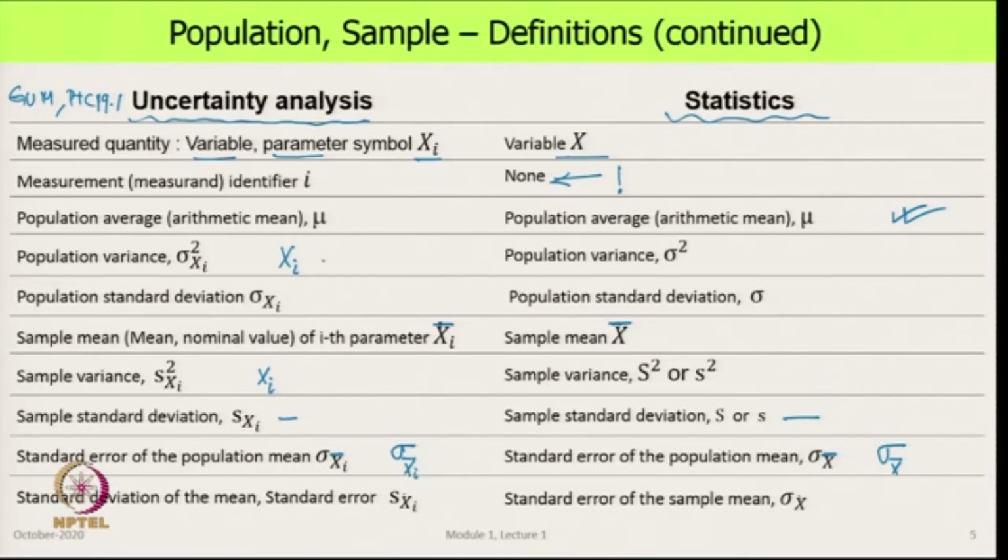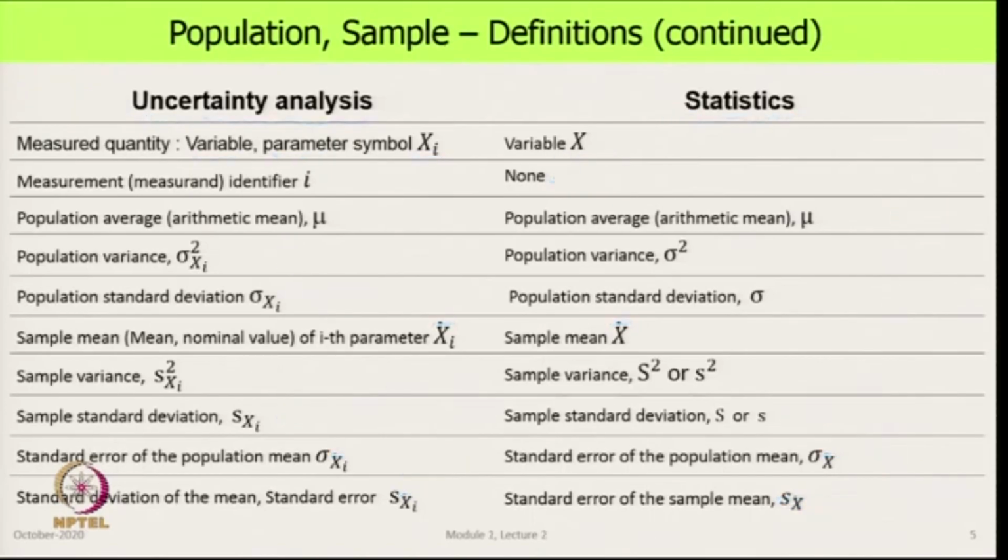So, there is a difference between sigma xi and sigma xi bar. This relates to the mean of the population, the mean of the means, the variance of the means. Standard deviation of the mean is s xi bar; in statistics it will be s x bar.